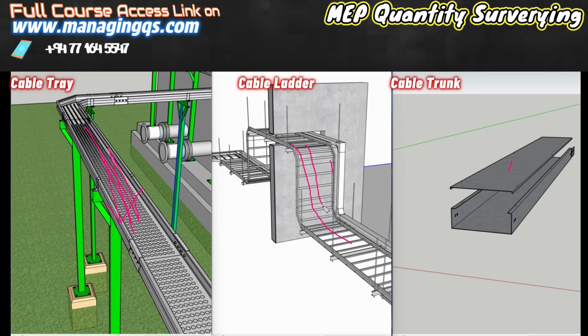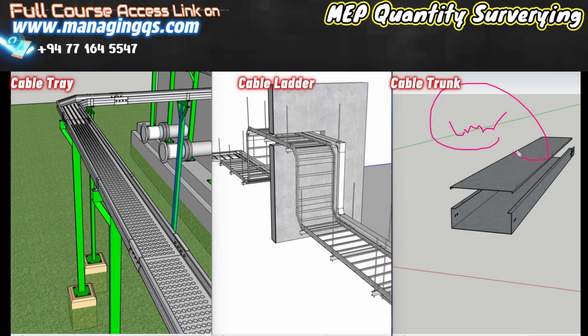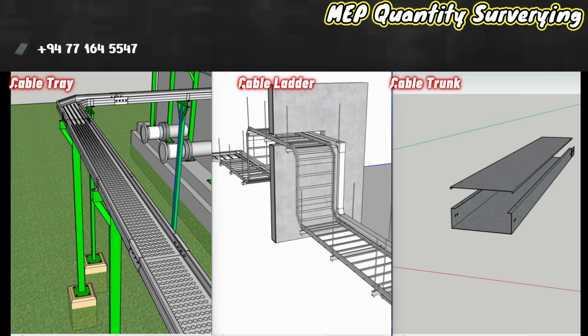The cable trunk is for final distribution, where the electrical wiring system is fixed inside the trunk. Final distribution means lighting, power supply cables, and small power supply cables. These final distribution cables can be fixed through the cable trunk.